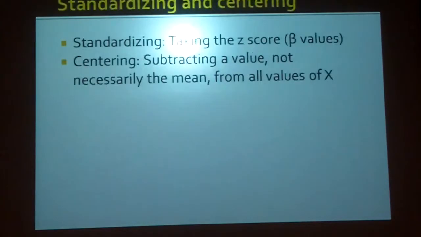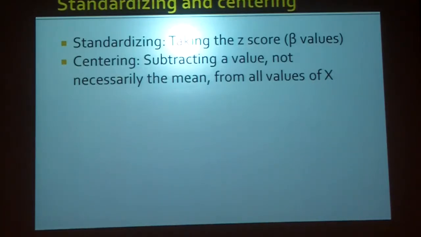Centering, though, is when you subtract some value, not necessarily the mean. It's called centering, even though technically it isn't centering. If you subtract anything from that score, you might not want to subtract the mean.